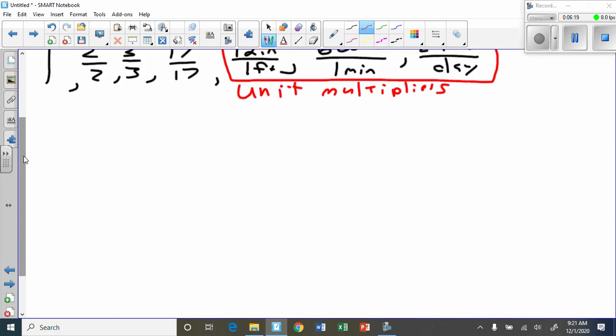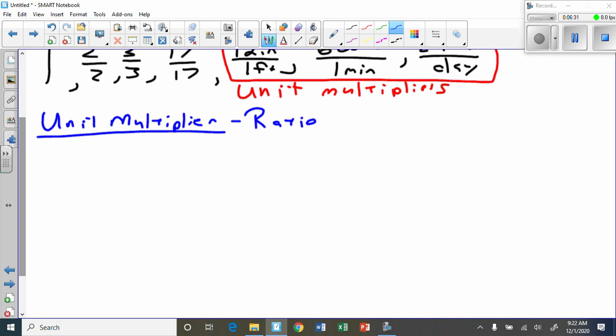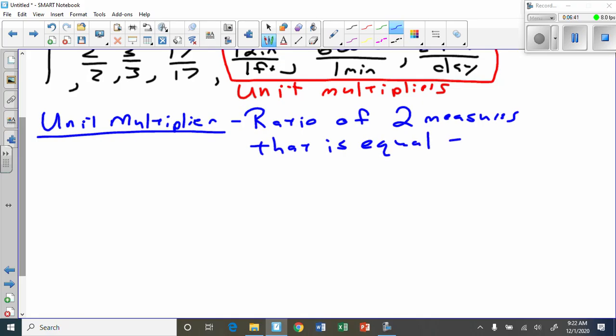A unit multiplier is a ratio of 2 measures that is equal to 1.